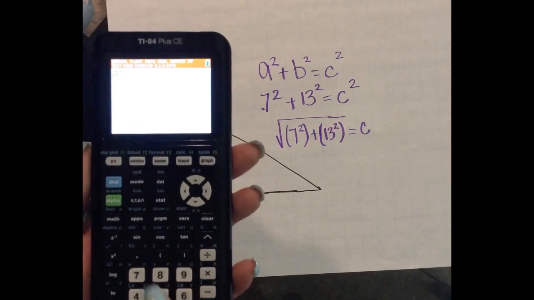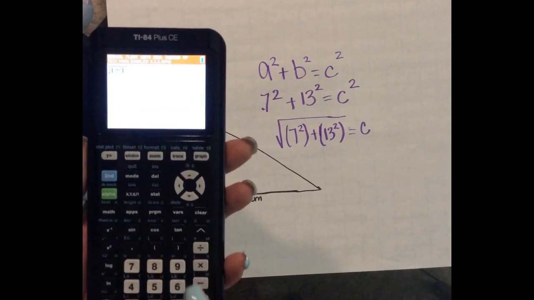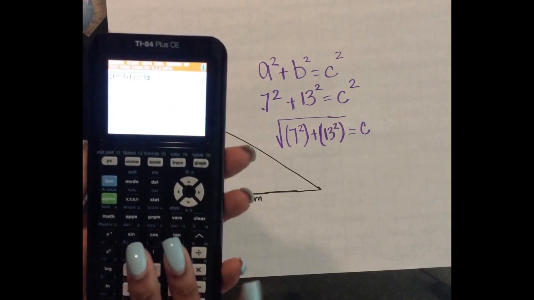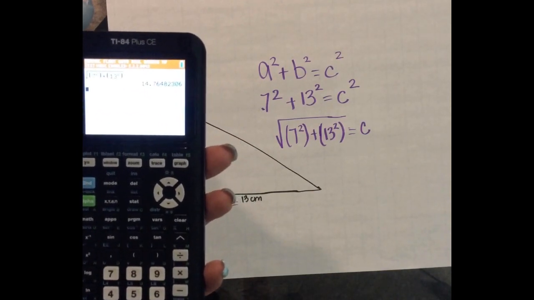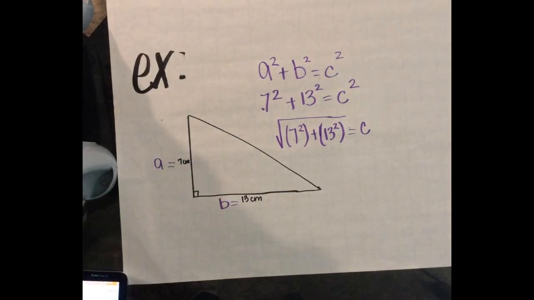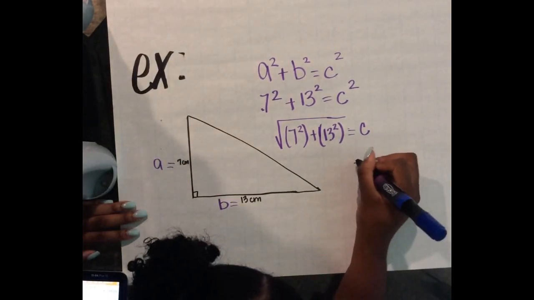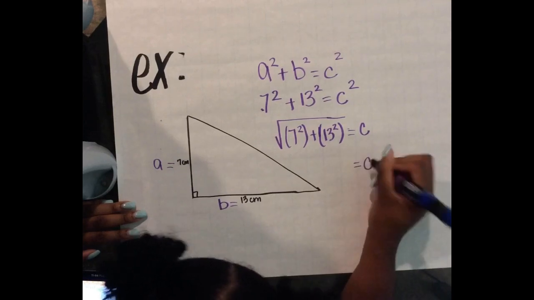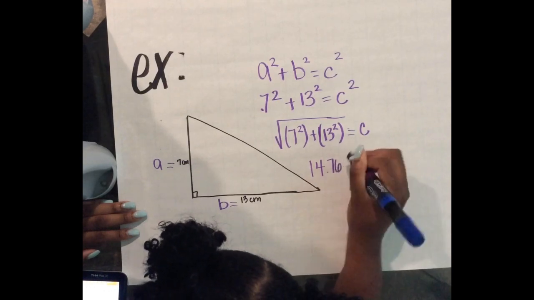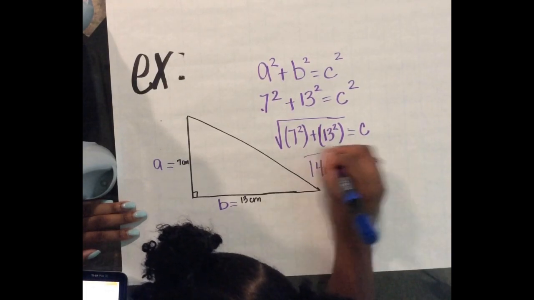Open parentheses. 7 squared, close it. Plus open parentheses, 13 squared. Close it. C is equal to 14.76 centimeters.